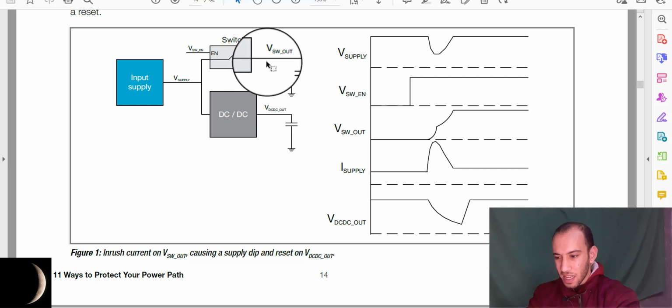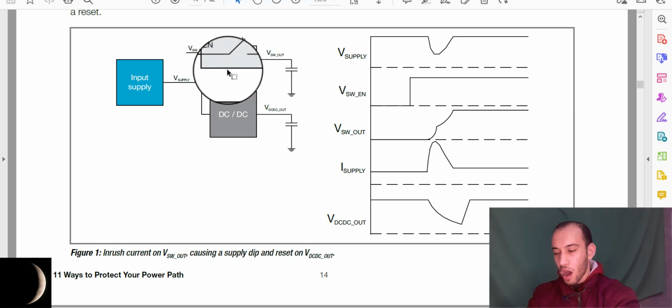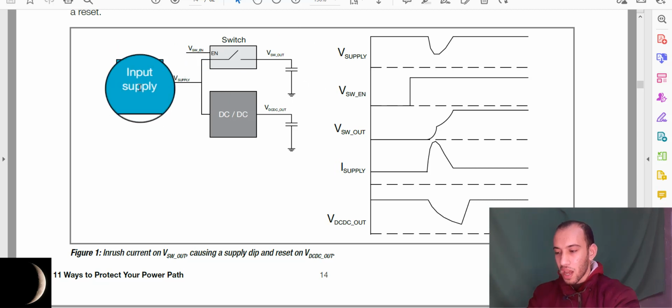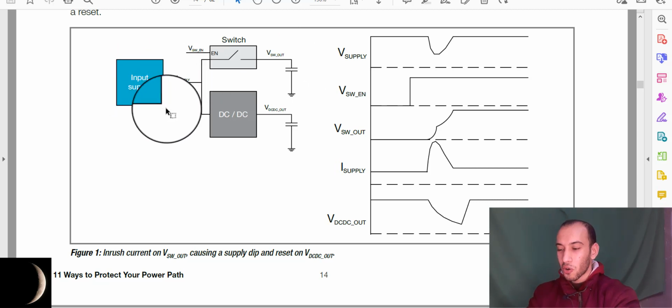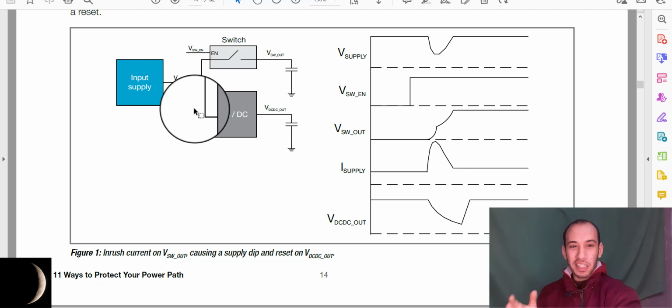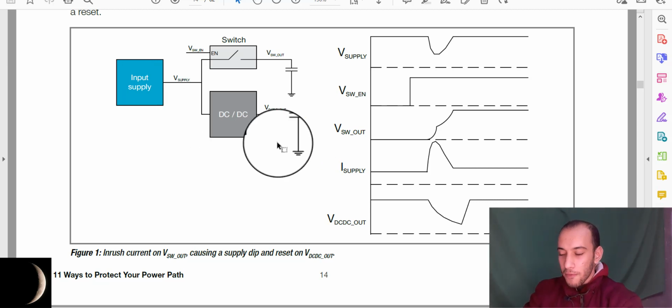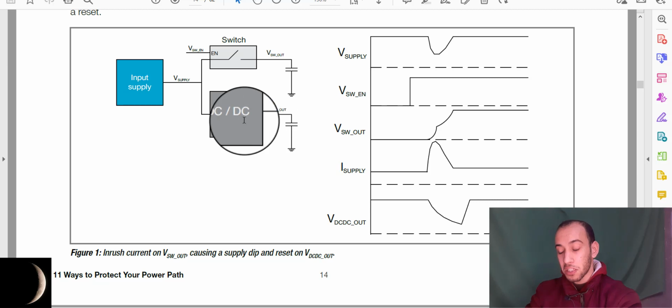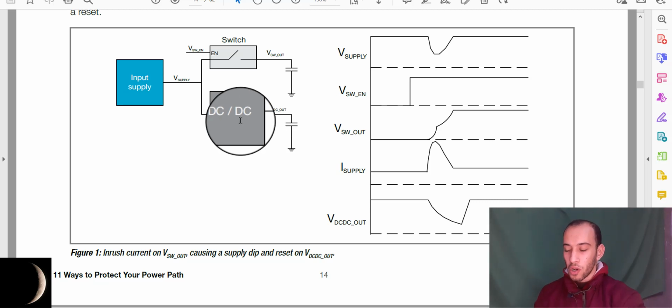So if this heavy capacitor draws a high amount of current, a dip in voltage will happen at the input supply. So the problem is that the DC-DC converter will restart. If you have a system, especially a microcontroller or FPGA, powered by this DC-DC converter, you will lose all the data in the microcontroller or FPGA.